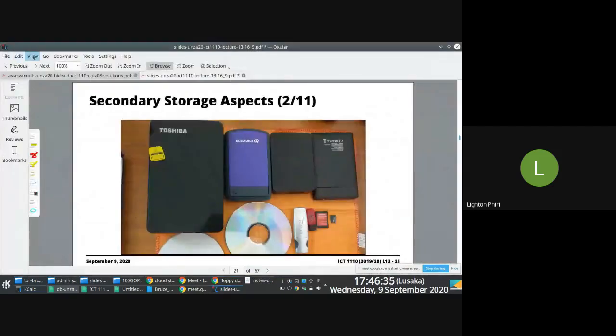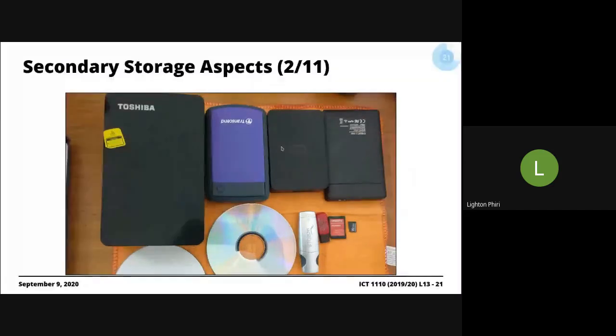But anyway, you can already see the different aspects here. You notice that the sizes are different, right? Some of them are much smaller, some much larger, and the obvious advantage of a much smaller memory component is that it's portable. You can easily move around with it. You can easily incorporate it into an embedded system.